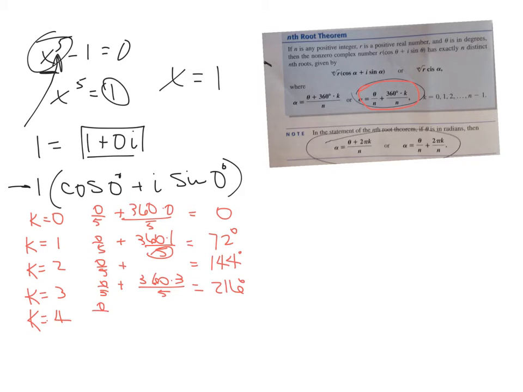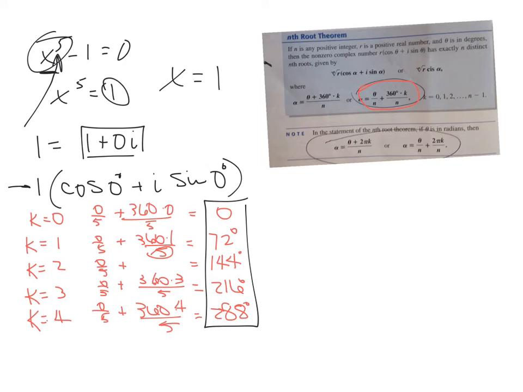And then 0 over 5 plus 360 times 4, I know this gets a little monotonous, divided by 5 is going to be 288 degrees. So there are the degrees, the alphas, for my 5 answers there, when k is 0, 1, 2, 3, and 4.